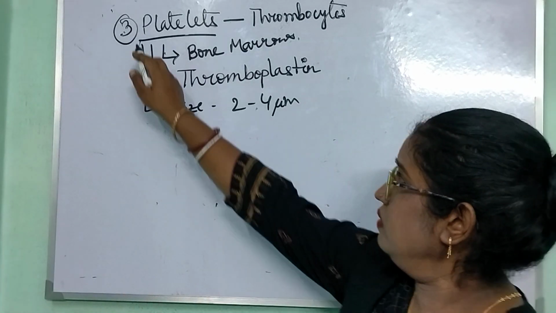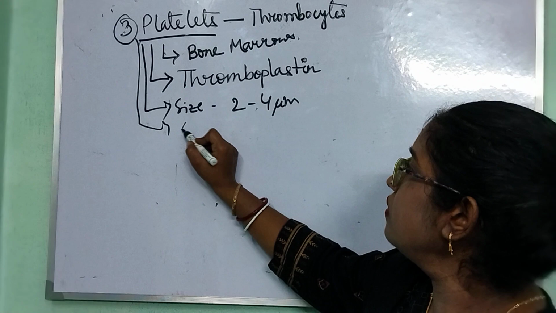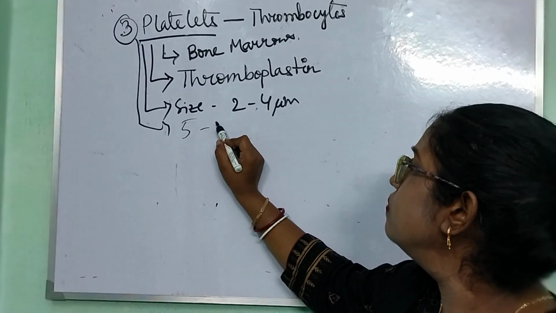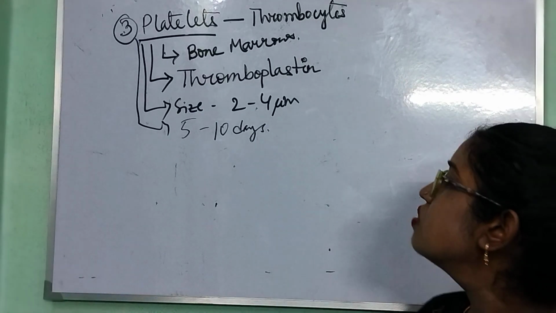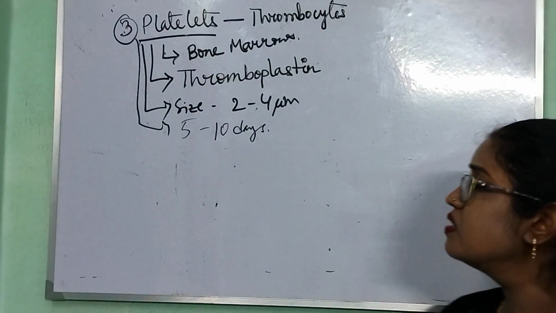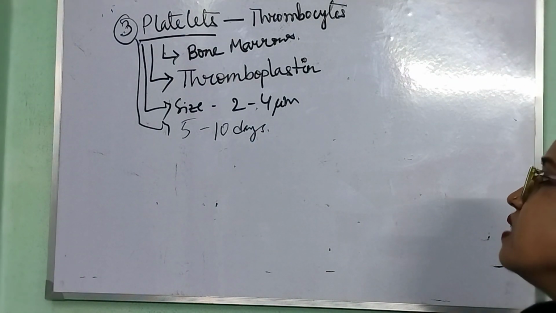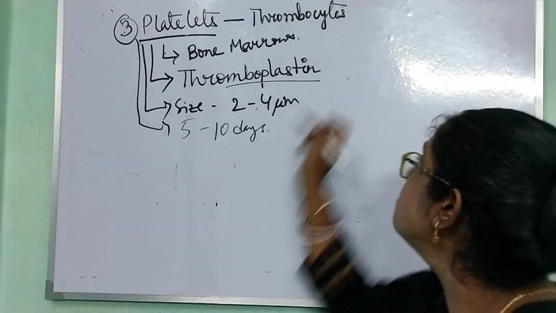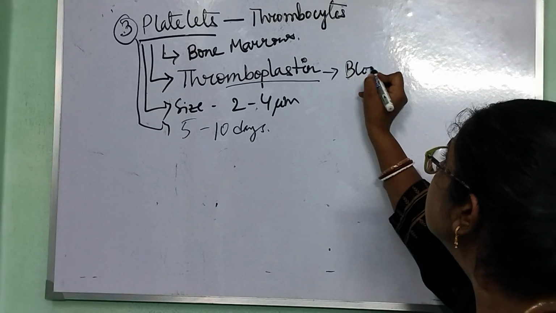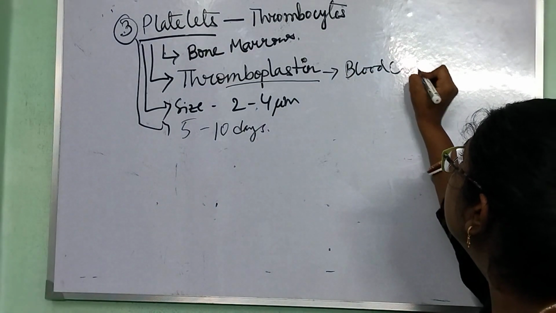Their lifespan is nearly 5 to 7 days, or 5 to 10 days. They contain the thromboplastin protein, which helps in the blood clotting process.